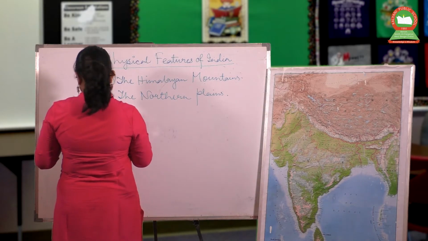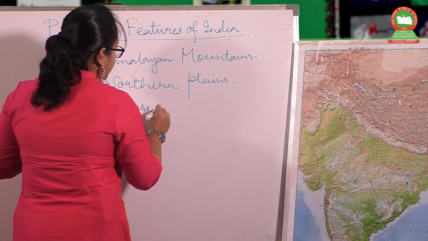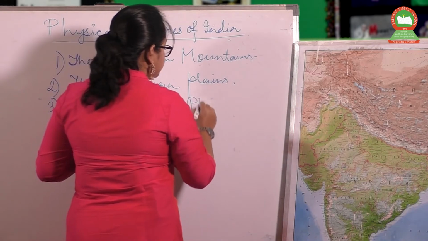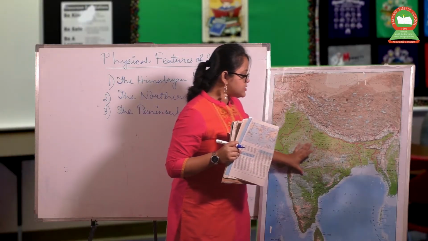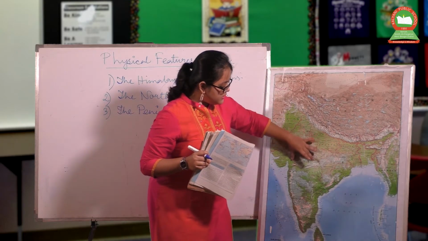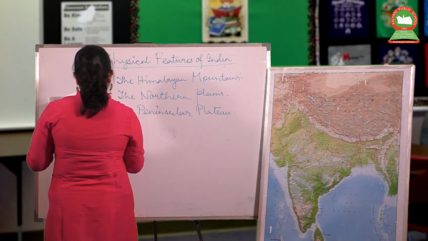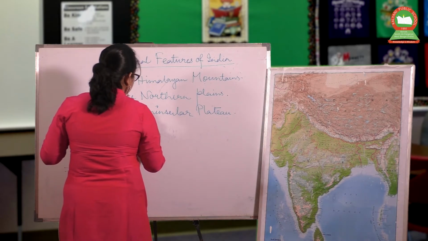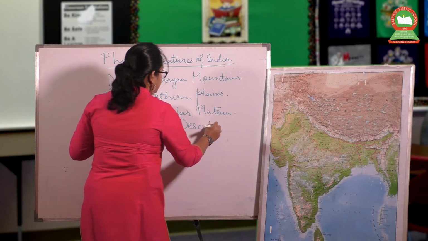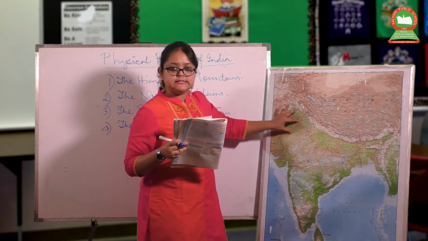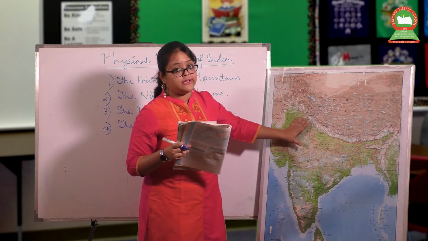The third one will be the peninsular plateau. The peninsular plateau consists of the Deccan plateau and the central highlands. This whole portion will come under the central highland. The fourth one will be the Indian desert, mostly found in the western part of India, in the Rajasthan region, that is the Thar desert.